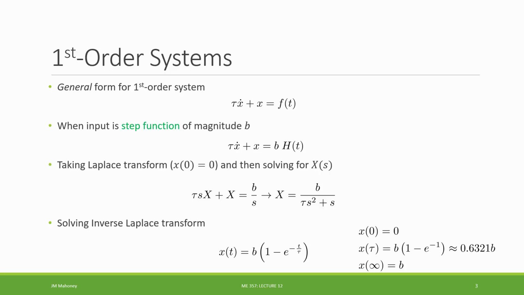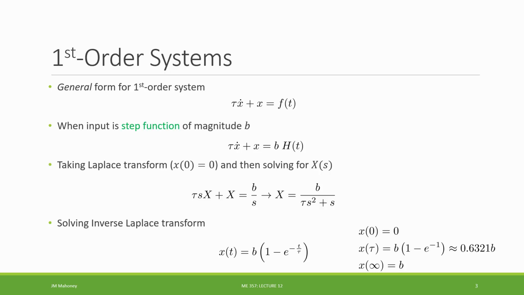Then we have 1 minus e raised to the negative 1 power, and we multiply that by b, and it's about equal to 0.6321 times b. So I have a value of about 63% of b when time is equal to tau. What tau is, we're going to talk about in a little bit, but for right now, it's just that coefficient in front of the x dot term.